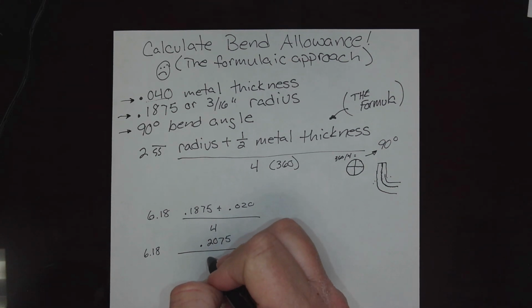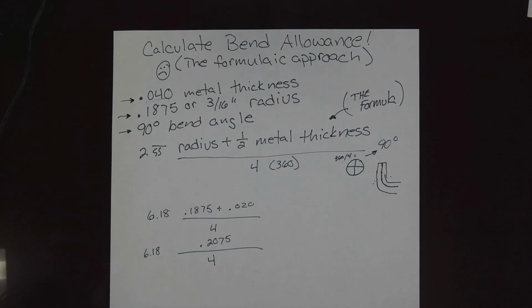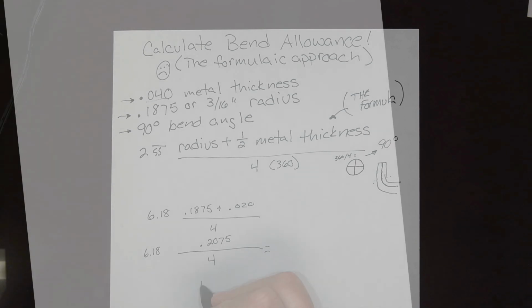We're still going to have to divide all that by 4. So now let's come down and clean this up a little bit. We would take 6.28 at this point, times, let me clear up this calculator, 6.28 times 0.2075. Well, by golly, we've got a whole new thing going on now.